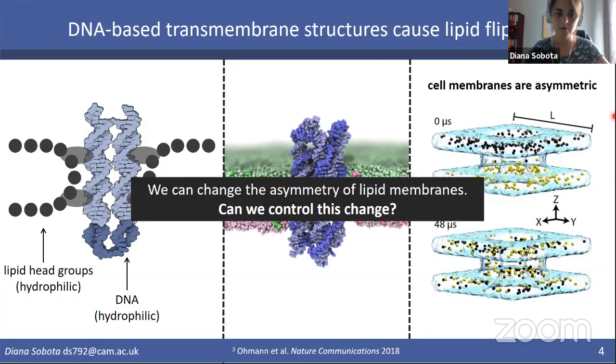How about controlling this change? We want to really understand and make sure we know what the lipids are doing. For this, we thought, what is the reason this happens? The reason is that the membrane spanning part of the DNA is hydrophilic, which in turn makes this pore form.